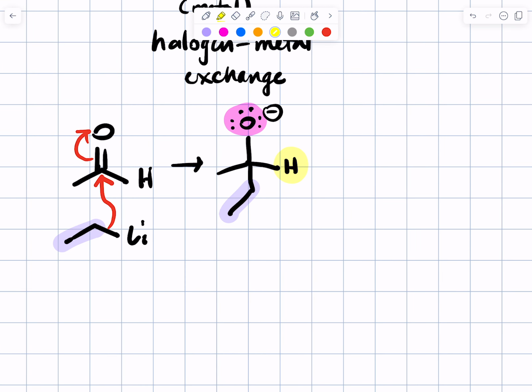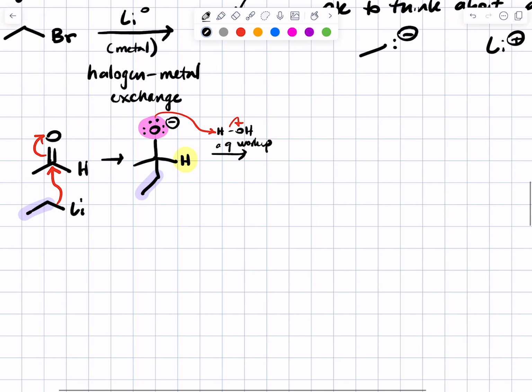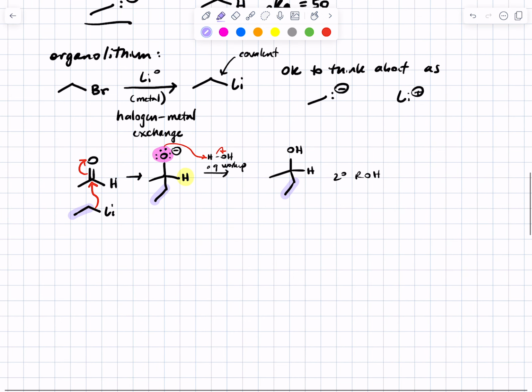We don't have a good leaving group, so we are stuck until aqueous workup, whereupon the negatively charged oxygen in the tetrahedral intermediate removes a proton from water, and we get as our product this secondary alcohol by reacting our nucleophile with an aldehyde.